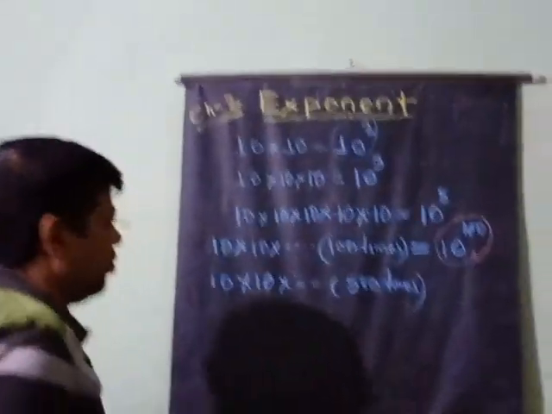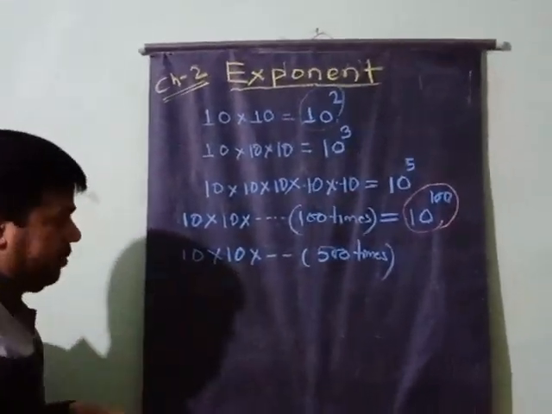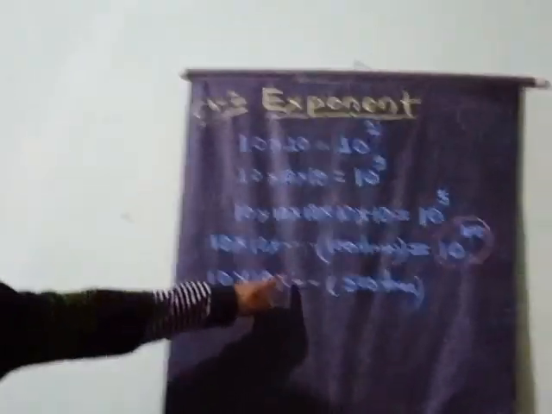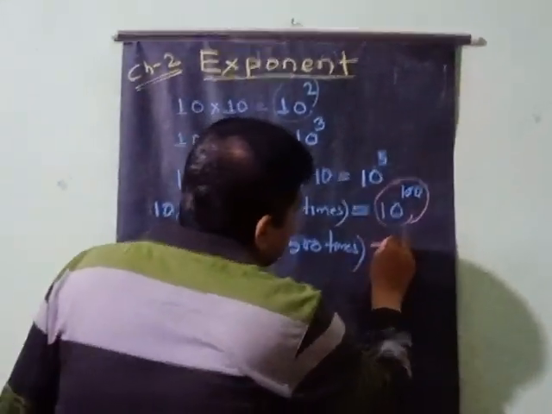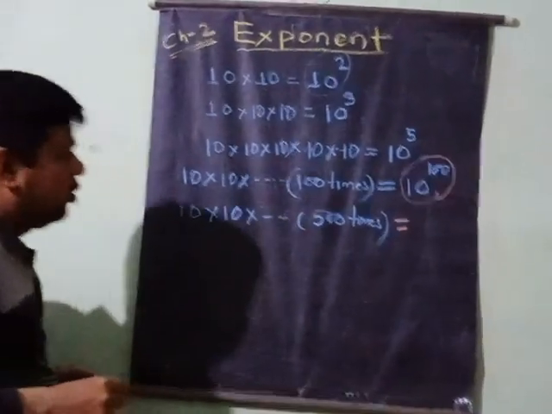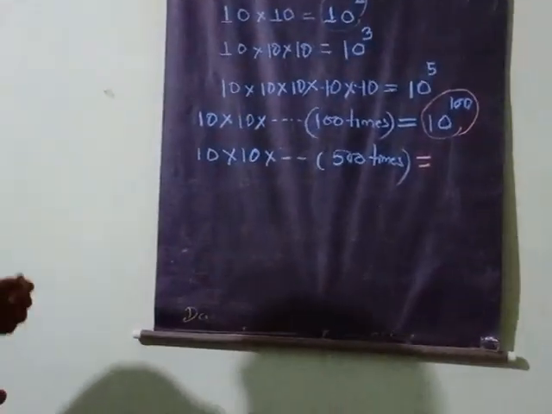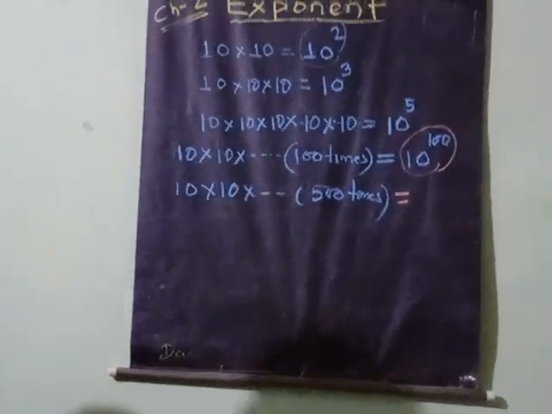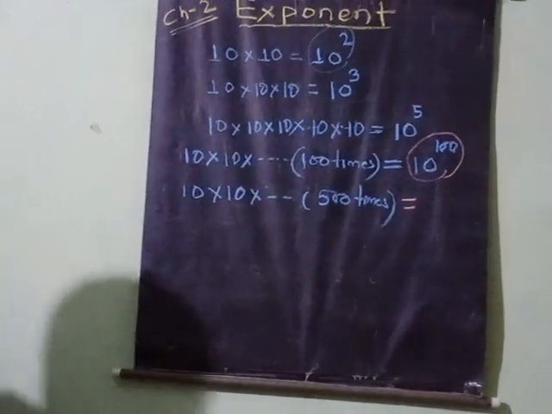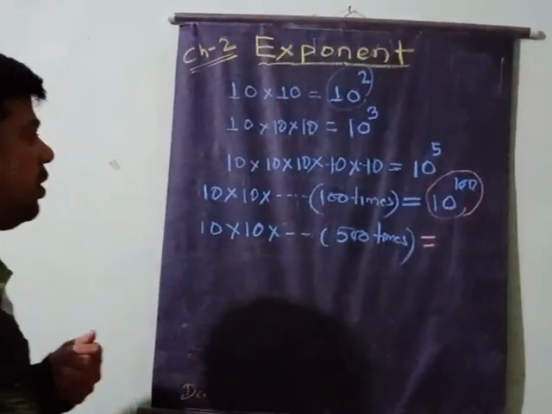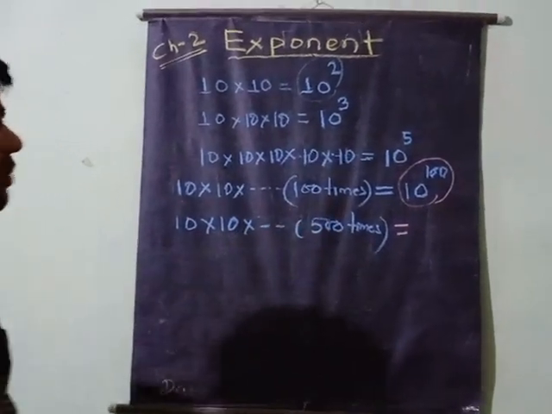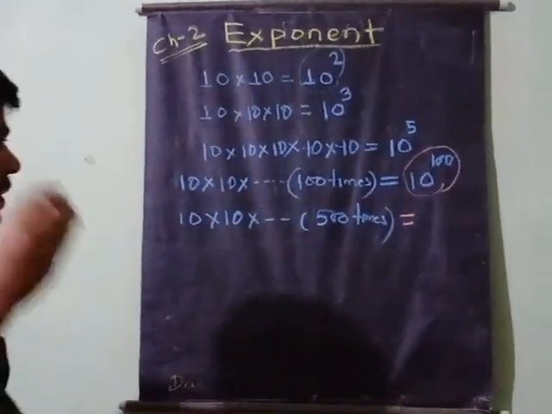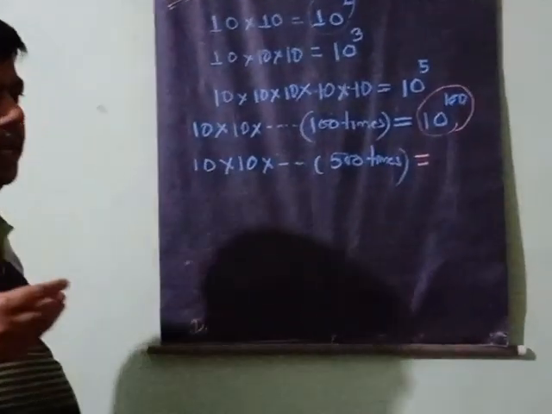Similarly, if 10 is being multiplied 500 times, what will happen? It is very tedious to write this multiplication. So in order to remove this type of difficulty, we can express this type of multiplication by symbolic notation in a fraction of a second, in a small time.